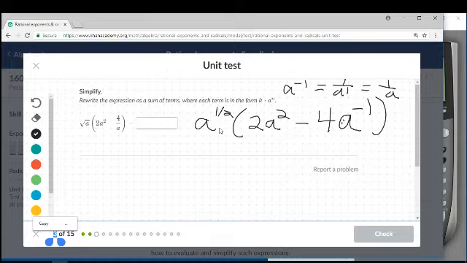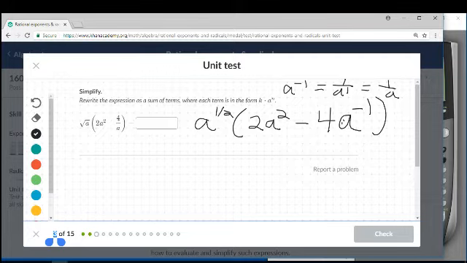All right. So when I'm doing this, a to the 1/2 times 2a squared, well, we know that that's just going to be 2a to the 5/2.